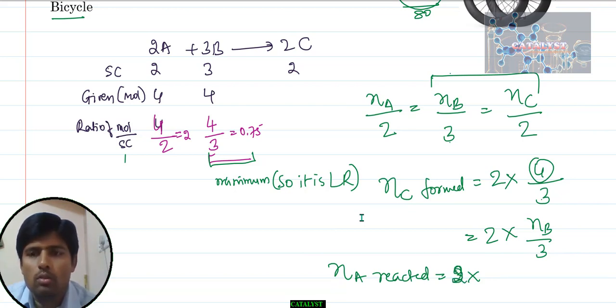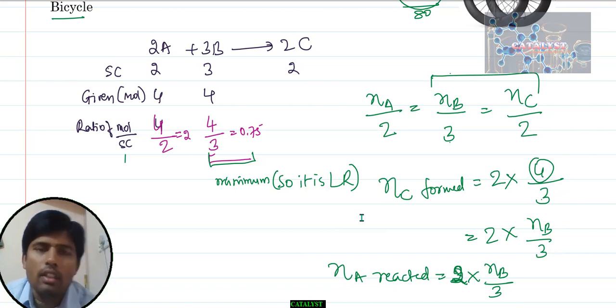So 2 into nB by 3. So in this way we can easily calculate the number of moles of A reacted. So this will be the shortcut technique. Of course, the mole concept we can always apply, that is based on linear calculation.